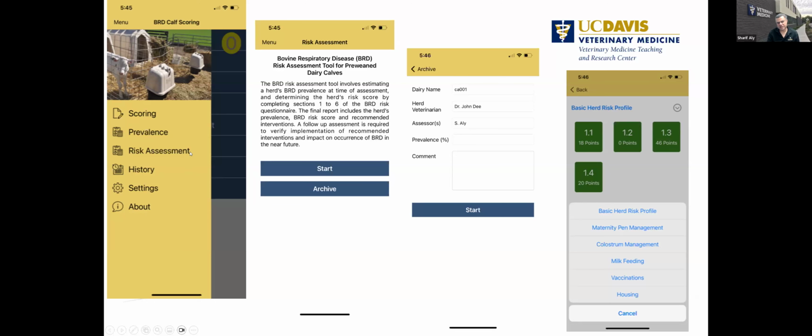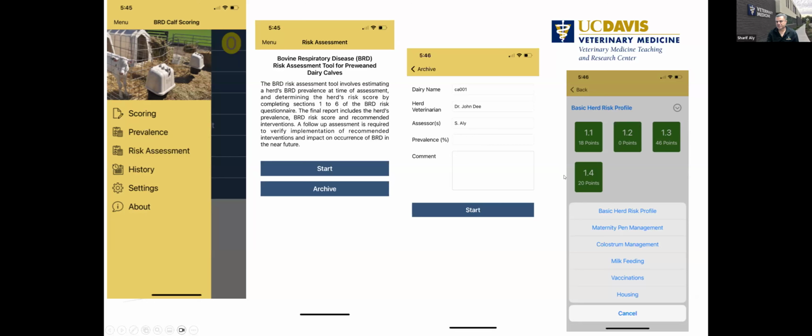So if you click on the risk assessment, this opens up the intro screenshot that you can start a risk assessment with. And once you've completed one, it's auto-saved into the archive, which you can access your prior risk assessments through also. The next screenshot will allow you to enter the dairy name and the herd vet and who's doing the assessing, and the prevalence estimate, which we'll talk about once I finish this.